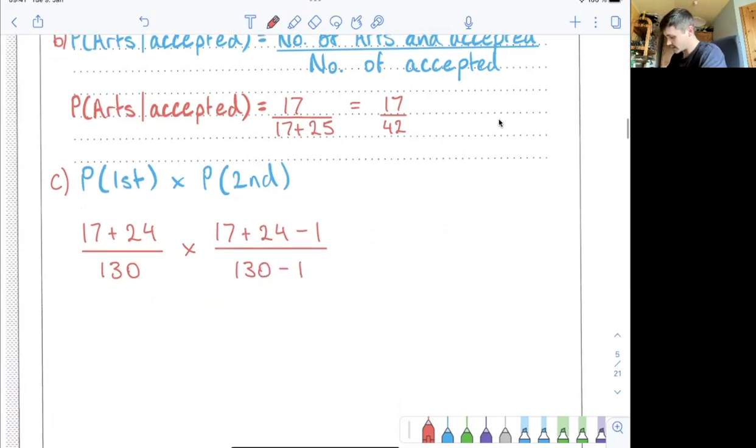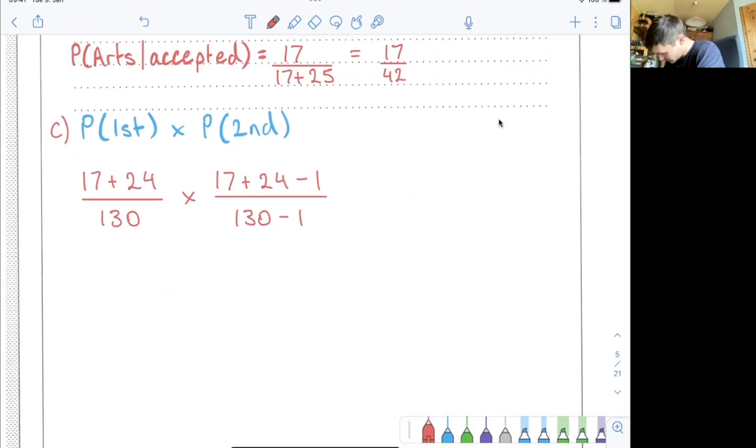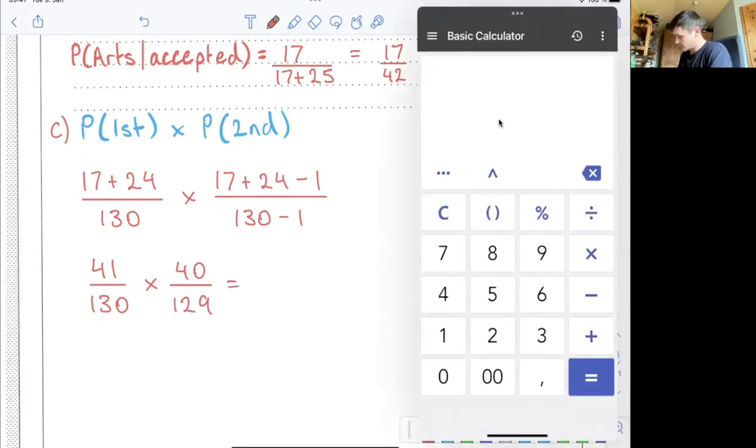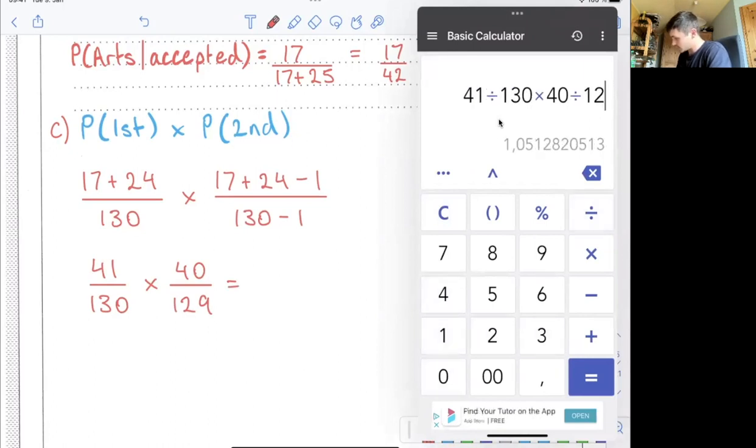Now if we sort this all out, what do we get? 41 over 130 multiplied by 40 over 129. Now, if we put this into our calculator, we'll go 41 divided by 130 times 40 divided by 129. And that would give us this answer here.